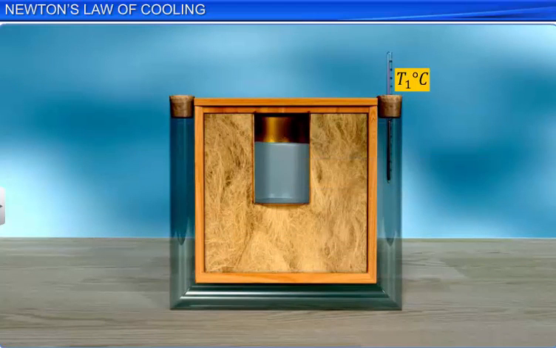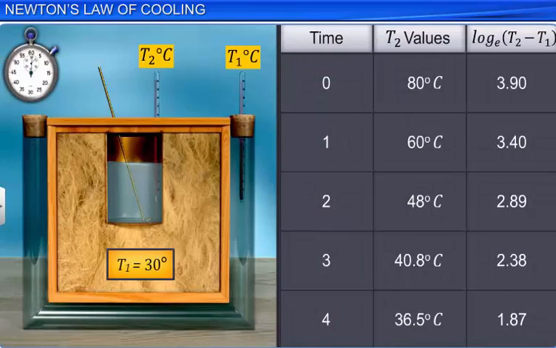Close the mouth of the calorimeter with a 2-holed cork, with a stirrer passing through one hole and a thermometer through the other. Let the reading in this thermometer be T2 degrees Celsius. The temperature of the hot water in the calorimeter is noted after equal intervals of time.